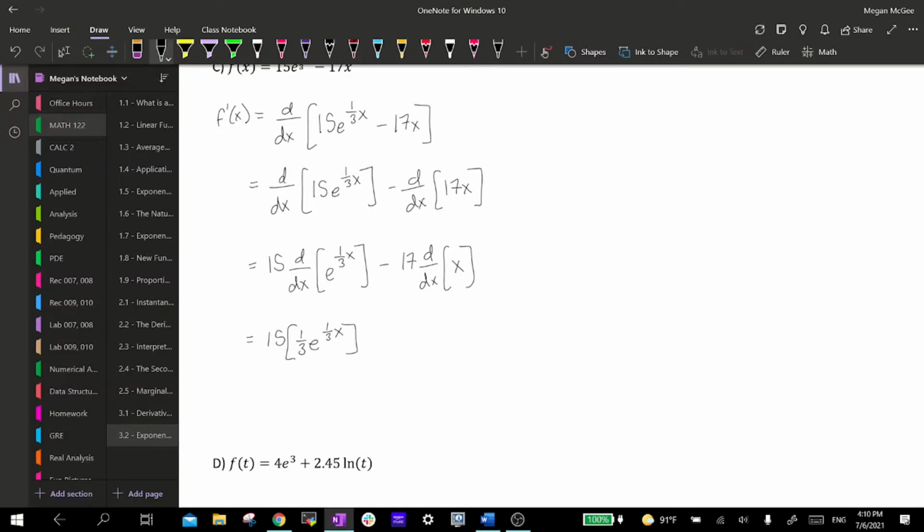Close that bracket off. And then the derivative of x with respect to x is just 1, right? I've seen that a few times already. So we can go ahead and clean this up, and we end up with 5 e to the 1/3 x minus 17.